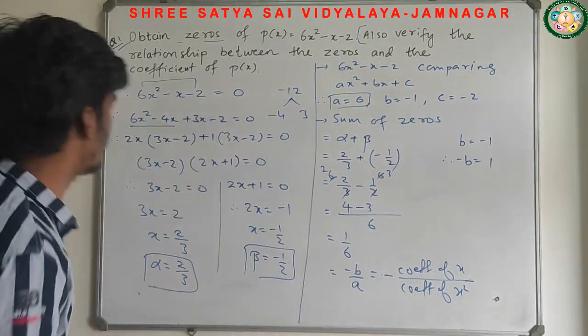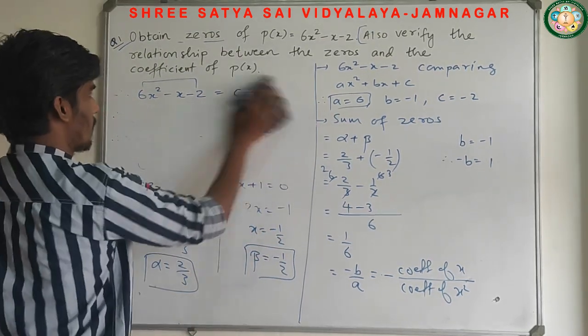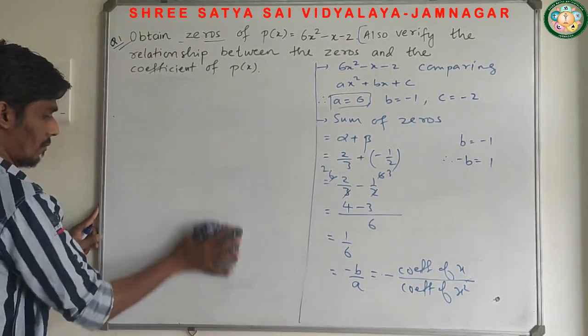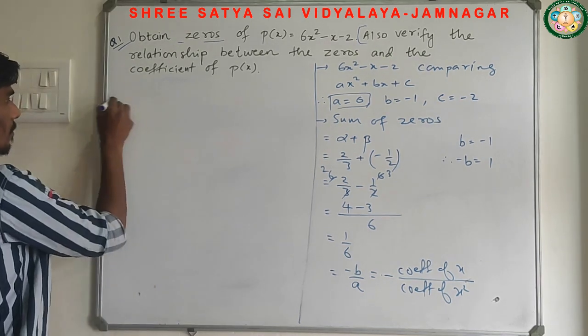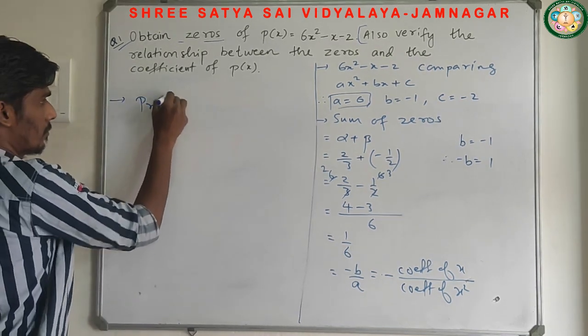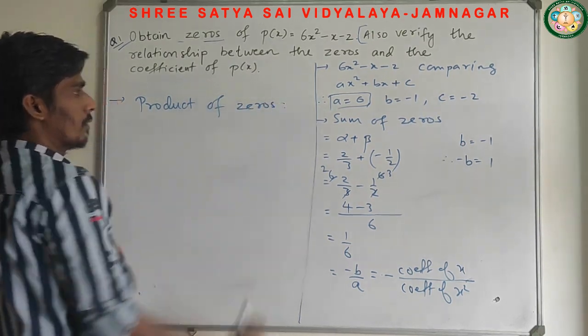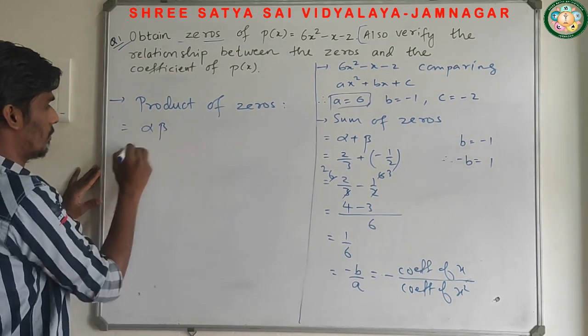Now this is for sum of zeros. One more part is left, that is the product of zeros. Product of zeros, so definitely it's alpha into beta.